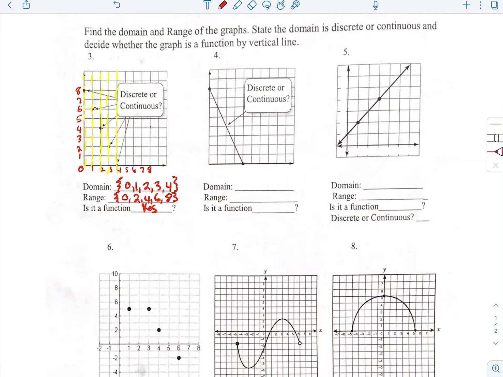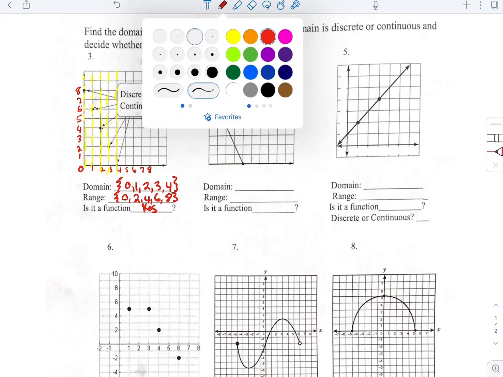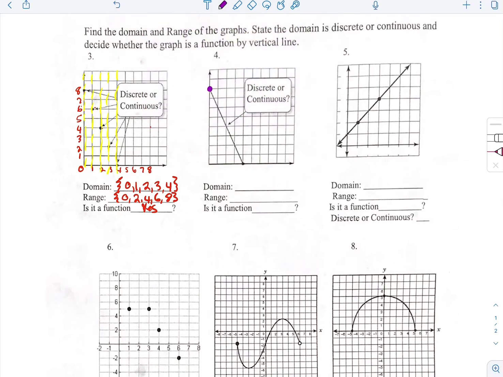For our domain here, this is a continuous function. Remember, for continuous functions, the domain starts with the smallest x value and goes to the largest x value. So if we want to, we can determine what these points are. Note that this point right here is 1, 2, 3, 4, 5, 6, 7, 8. So this point is (0, 8), while this point right here is (4, 0).